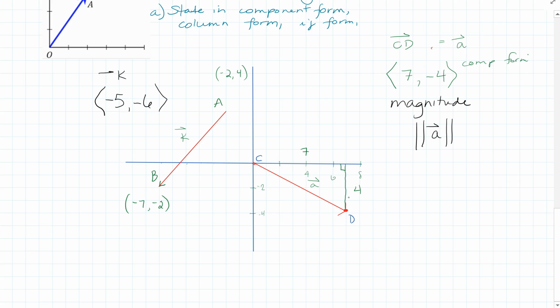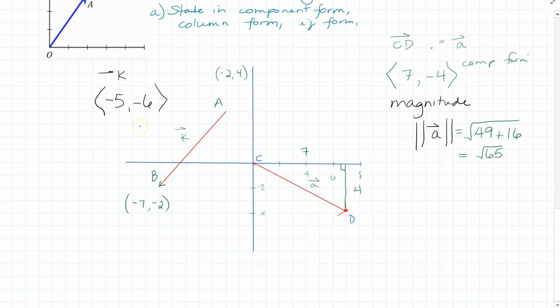It's actually -4, but when I square it, it won't matter. So I'm just going to use a distance formula to find out what the magnitude is of this. And the magnitude of this is equal to 7 squared, which is 49, a squared plus b squared, plus 16, which is the square root of 65. So notice that my distance is my magnitude.